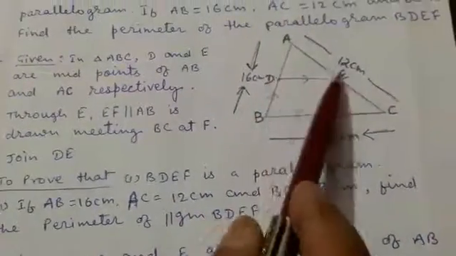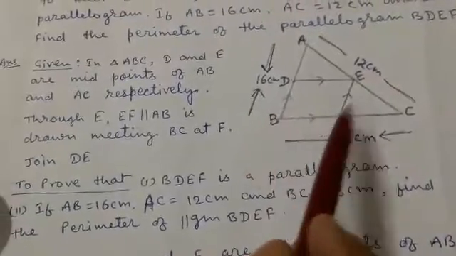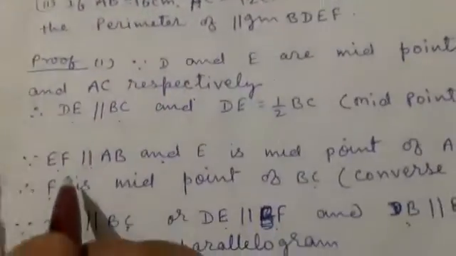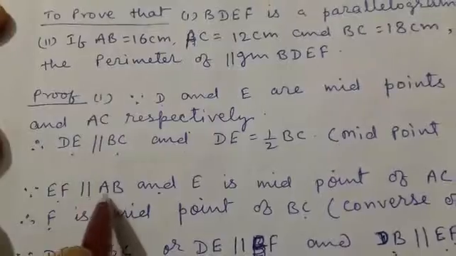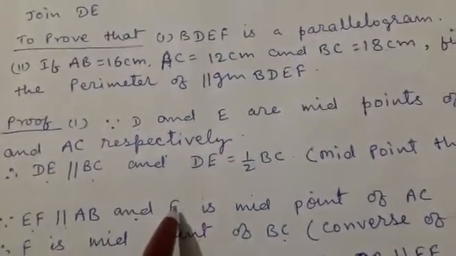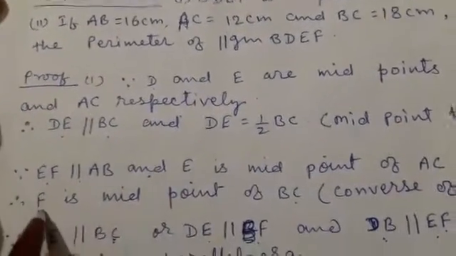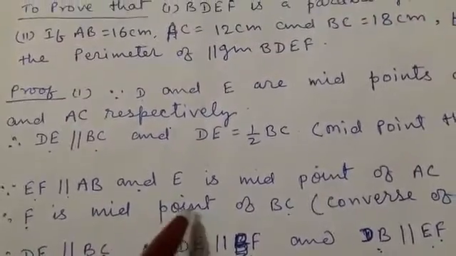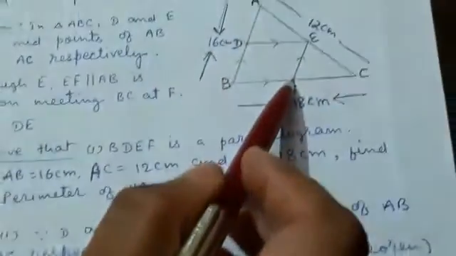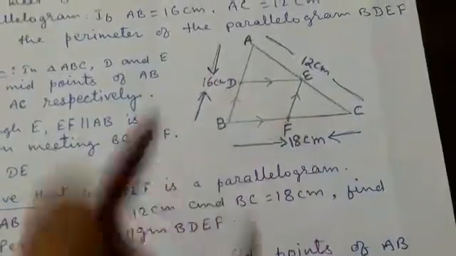It means DE is equal to BF. Similarly, since EF is parallel to AB and E is the midpoint of AC, F will be the midpoint of BC by the converse of the midpoint theorem.